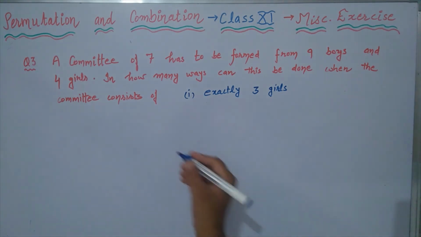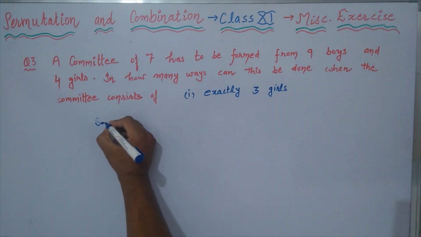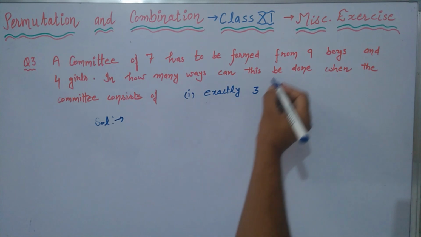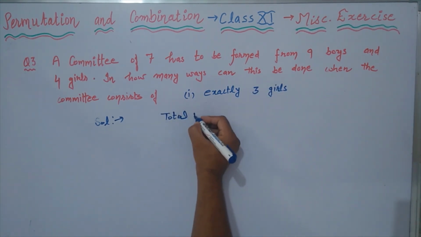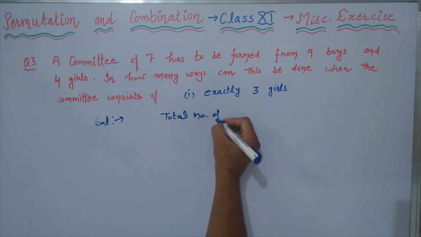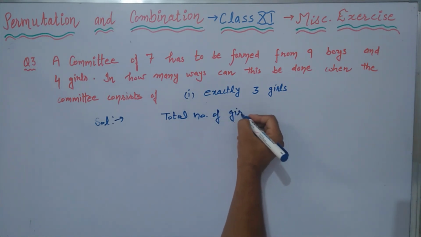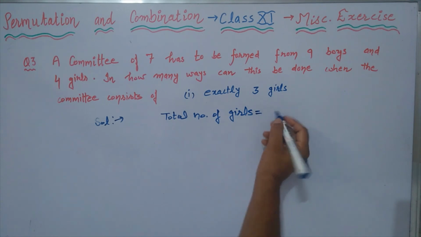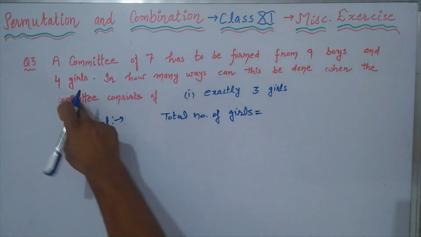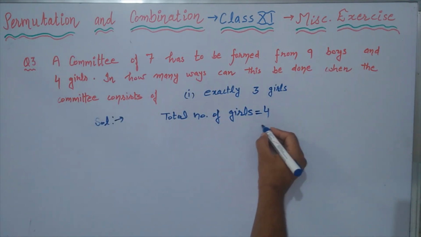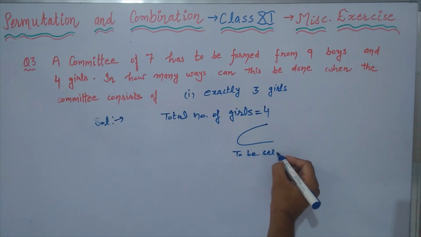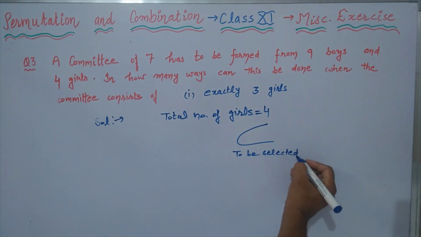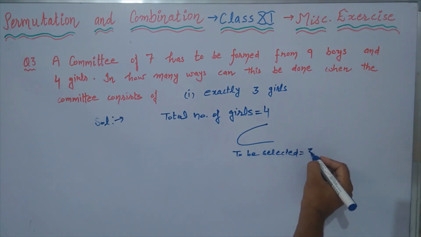So my dear students, here we have total number of girls equal to 4. To be selected, equal to 3.